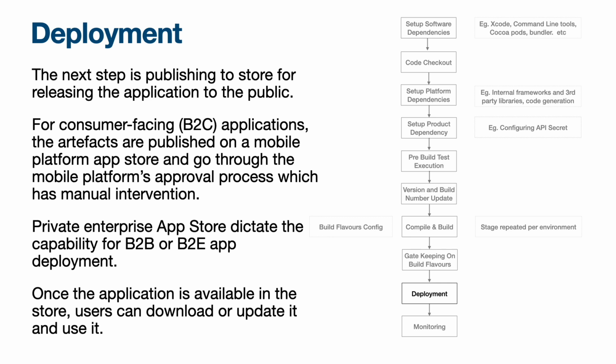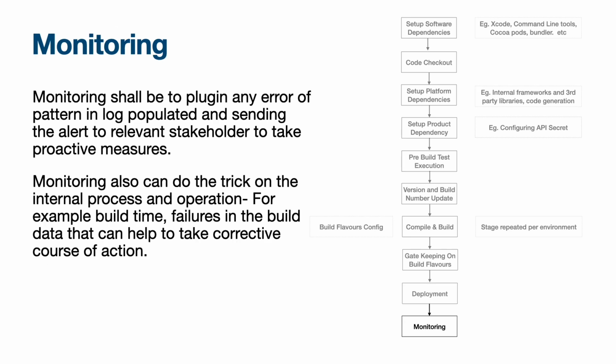After deployment, the app reaches the intended audience. That is where the monitoring would kick in. Monitoring is not necessarily a pipeline stage, rather, there is a possibility of automation.